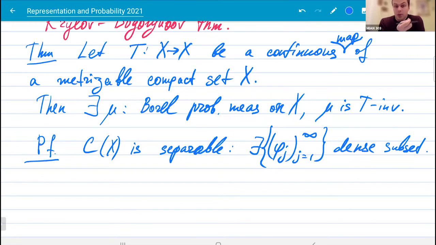Then what I want to say is that if I find some good functional on the continuous functions, then it is also always something.